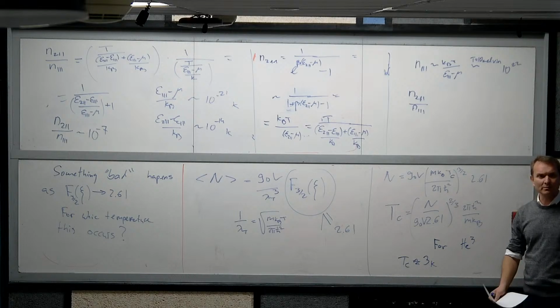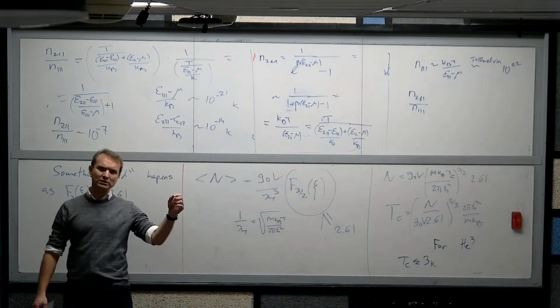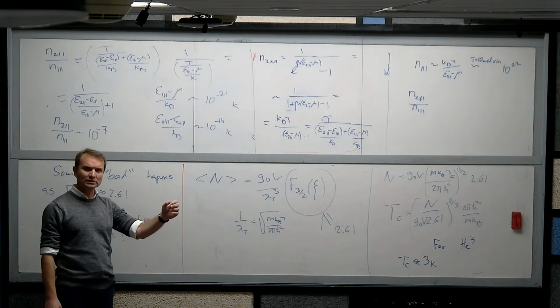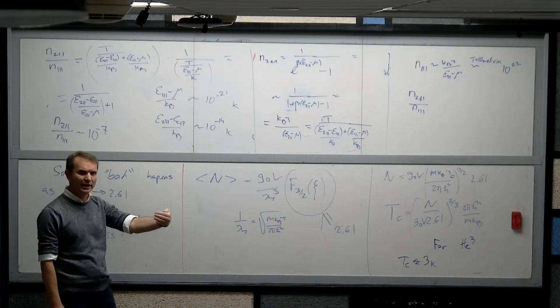So what is this something? We already know that there is accumulation of particles at the ground state, and it's much larger than the accumulation of particles on the next state.